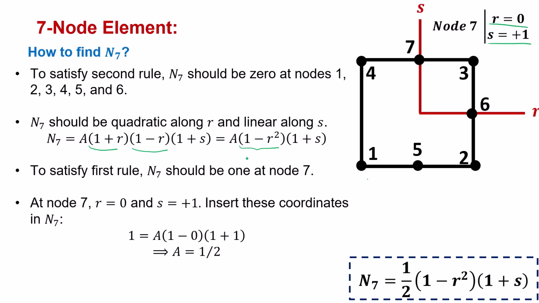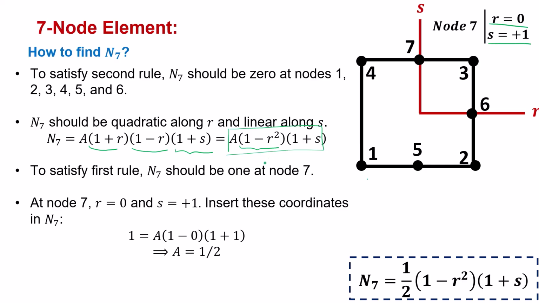This ensures that n7 vanishes at the left and right corners. Then to take care of the vertical direction, we multiply by 1 plus s. This ensures the function goes to 0 at the bottom edge, where s is equal to -1. So our candidate for n7 would be a times 1 minus r squared times 1 plus s.